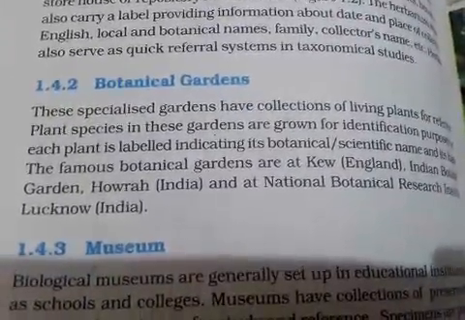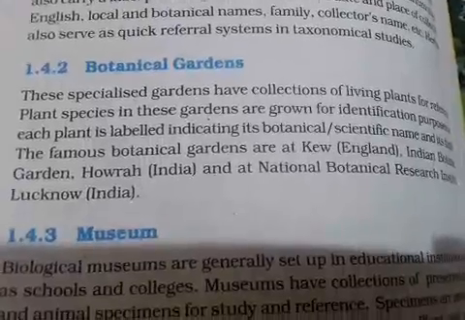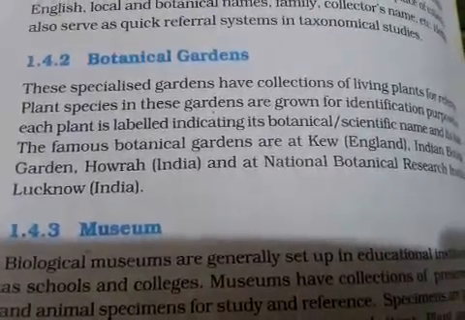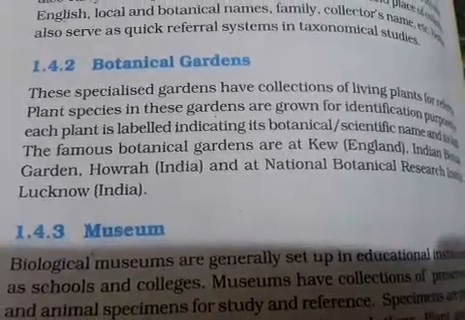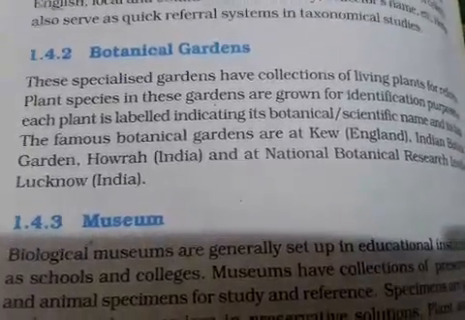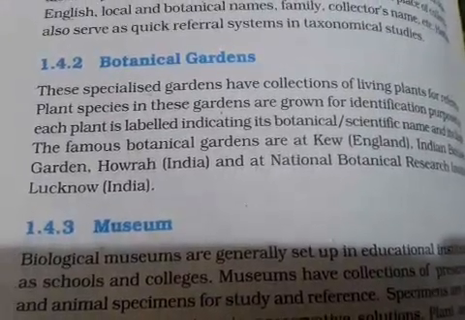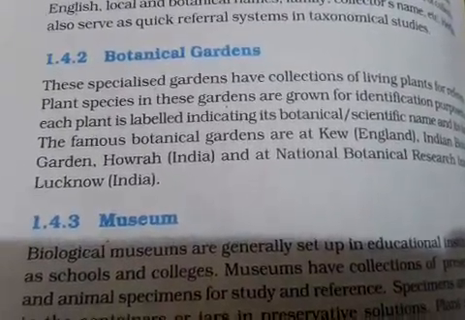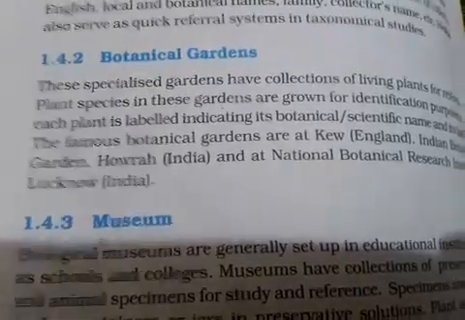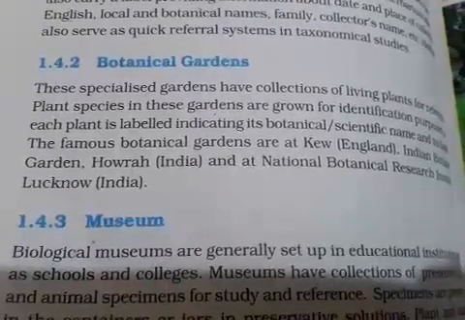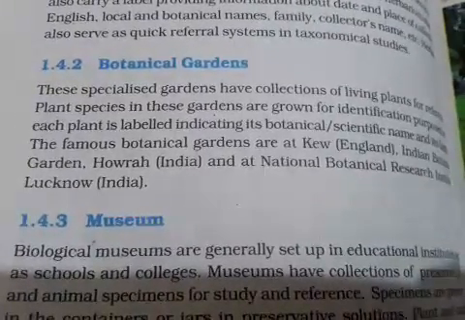Next are the botanical gardens. As the name represents, these are gardens in which living plant collections are kept. The plant species are grown so that we can identify each plant, and the characteristic feature of a botanical garden is that the plants carry a label representing their botanical and scientific name.